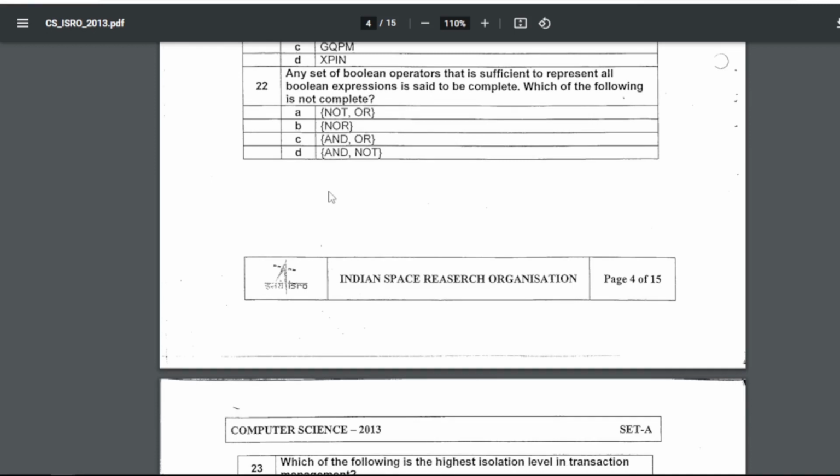Question number 22 is any set of Boolean operations that is sufficient to represent all Boolean expressions is said to be complete. Which of the following is not complete? So we have to find the not complete one. Here the answer will be C, that is AND, OR.